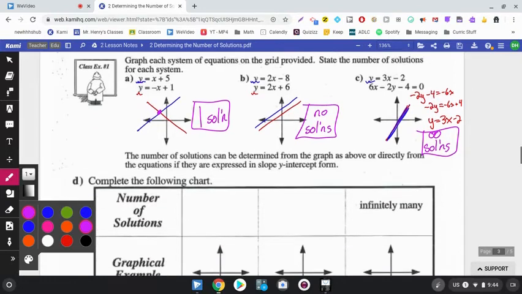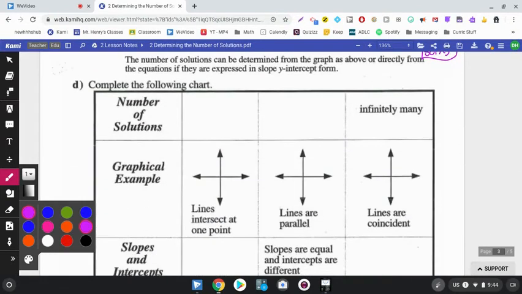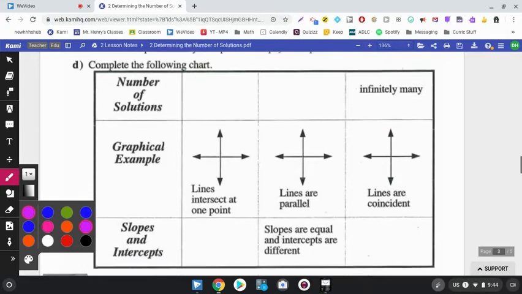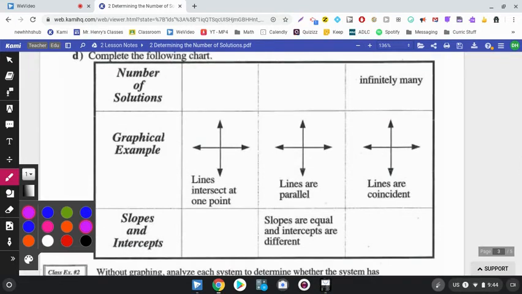All right. Let's jump down. Okay. We're going to take a look at this chart. And it says the number of solutions can be determined from the graph, or we can actually determine directly from the equations if they're in slope-intercept form. Okay. So let's go through the number of solutions. I could have one solution.